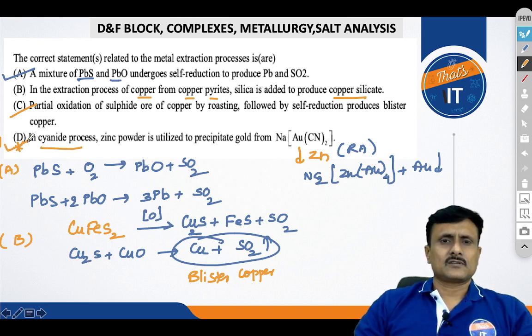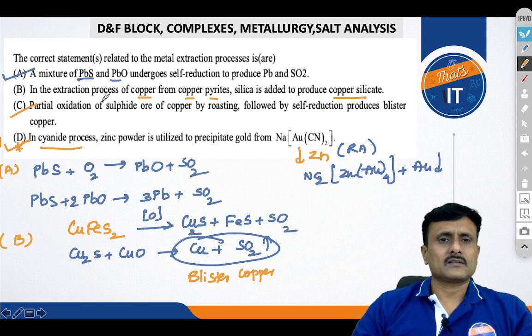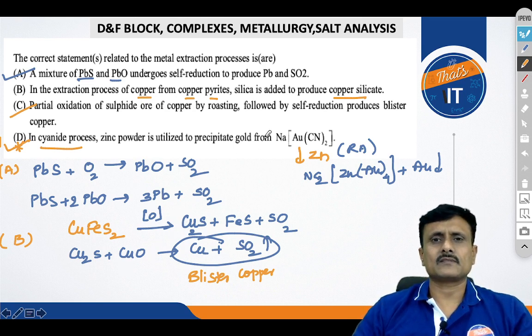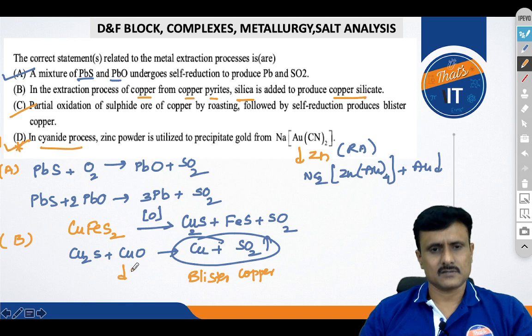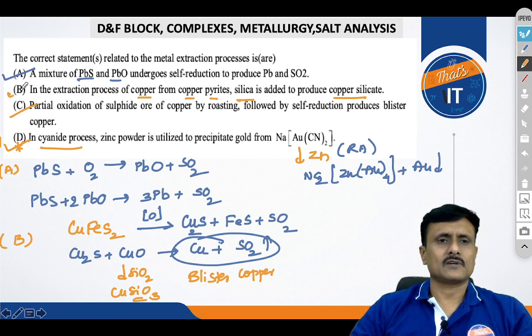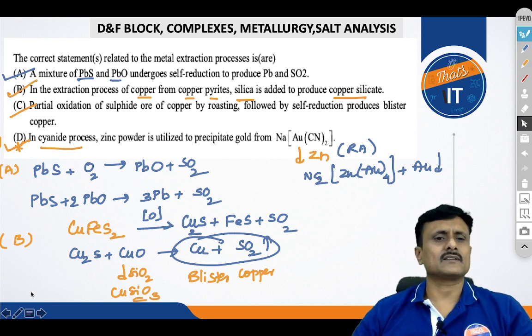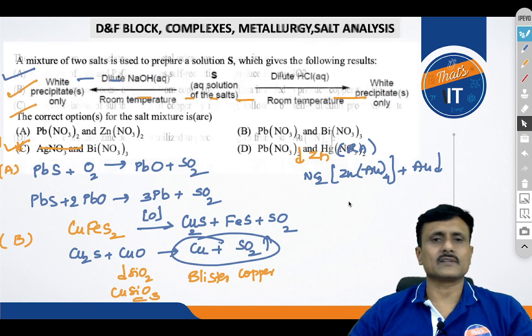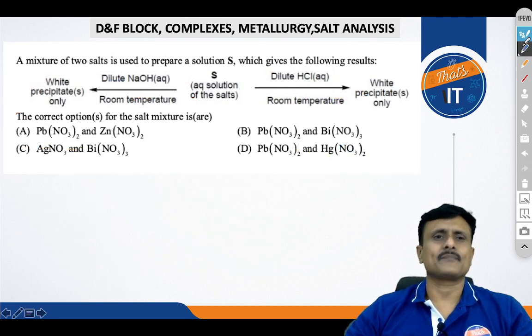So this is correct. In the extraction process of copper from copper pyrites, silica is used to produce copper silicate. Whatever is produced here, SiO2 gives rise to CuSiO3. So I am not very sure, but I think right answer should be ABCD. I want you to just once check.